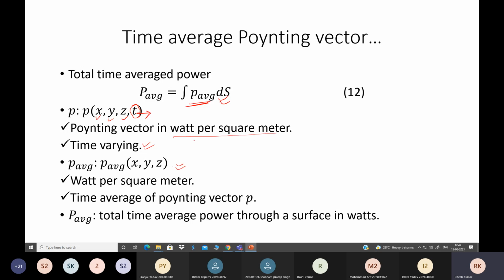Its unit will be the same, watt per square meter. And P average, capital P, is the total average power through a surface, in watt.